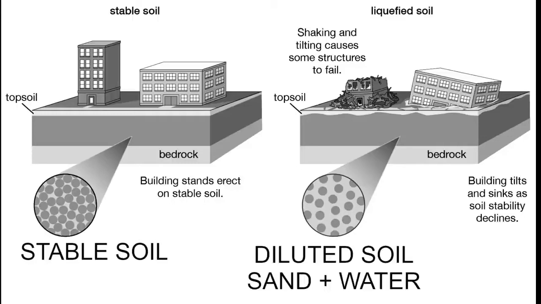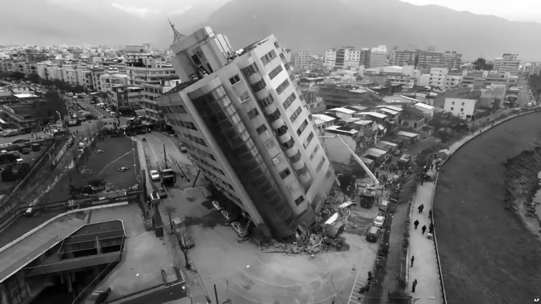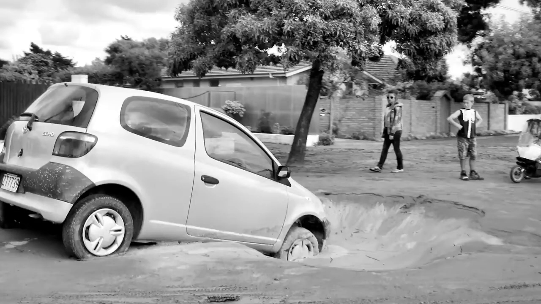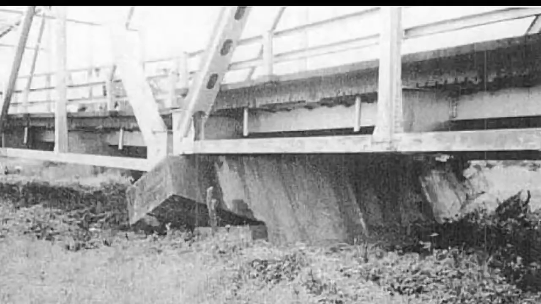The soil tends to dilute, and the result is treacherous quicksand or quick clay. The land turns to liquid, causing structures of heavy mass such as buildings, infrastructure, and cars to start sinking, topple over, or collapse. It can also affect dams and bridges.